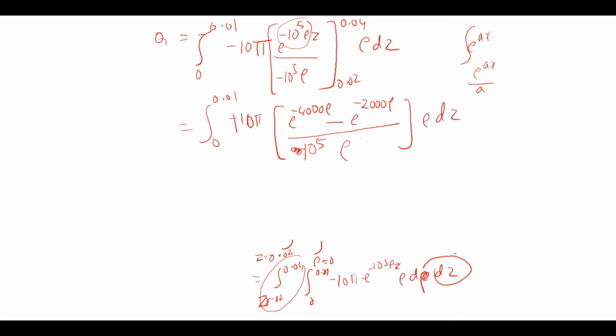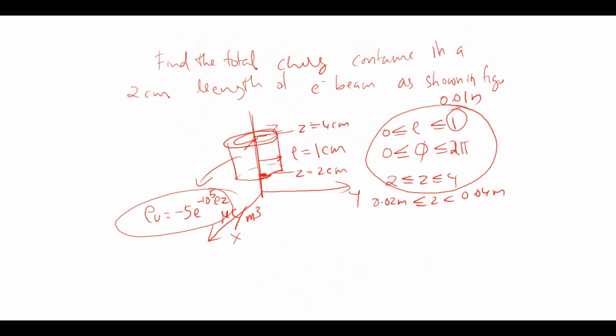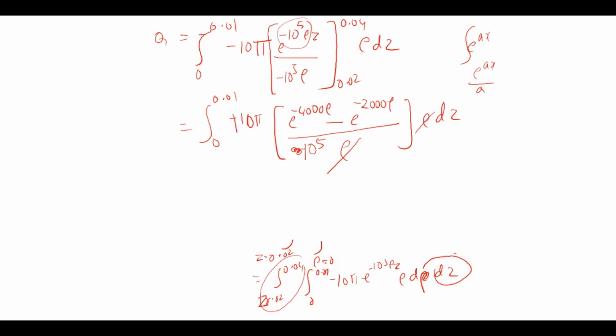So this rho gets cancelled, so this we have. In the question, you see here, if I bring this here, it becomes 0 to 0.01.